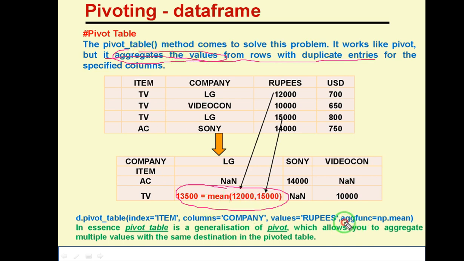By default the aggregate function is np.mean, that means it will take their mean. Since two values are coming over here, it will take the mean or the average of these two values and display it.